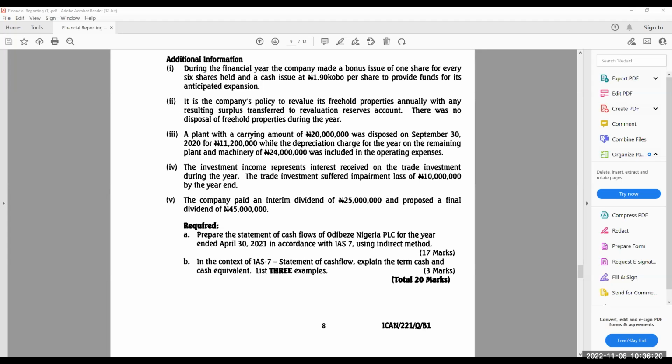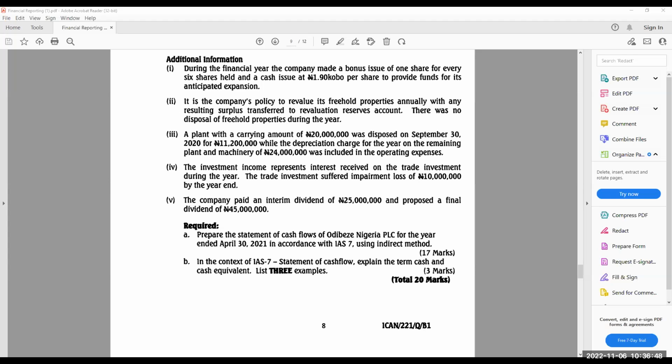There was no disposal of freehold properties during the year.